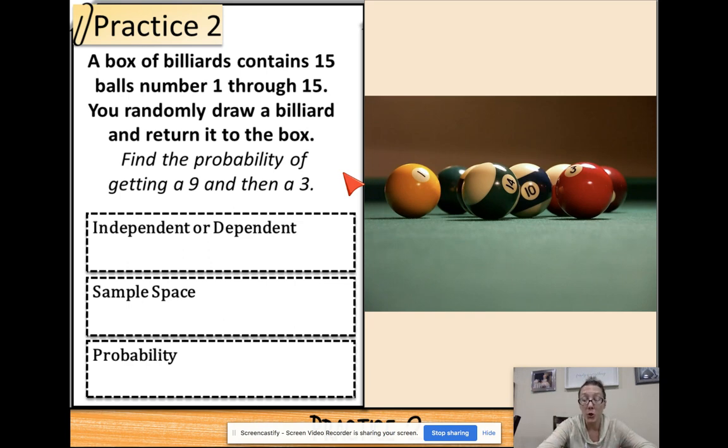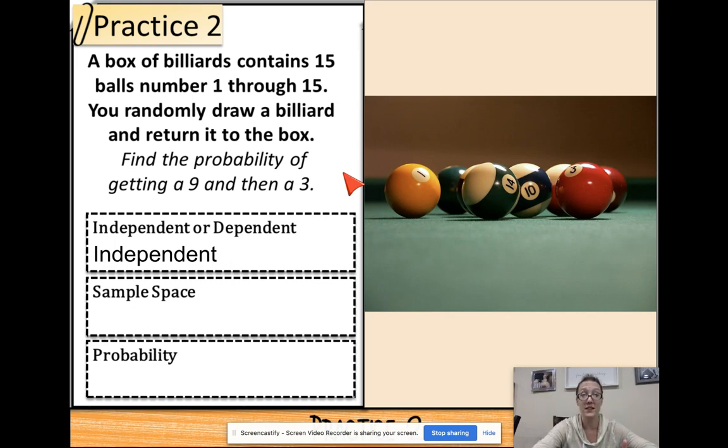Since you are putting it back, you are not affecting that second sample, right? It's still got all the balls, numbers 1 through 15. So we call this an independent event. Because if you pull a 4 the first time, it doesn't affect what happens the second time because you're putting that 4 back. So you still are left with the exact same sample to pull from that second time.